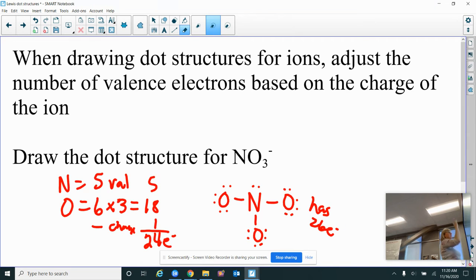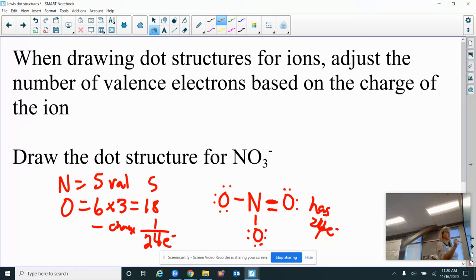So to make it a double bond, I will take out one pair from each and make that a double bond. And now I have 8 plus 8 plus 8. My nitrogen has 2, 4, 6, 8. My oxygens each have 8, and I've used 24 electrons.